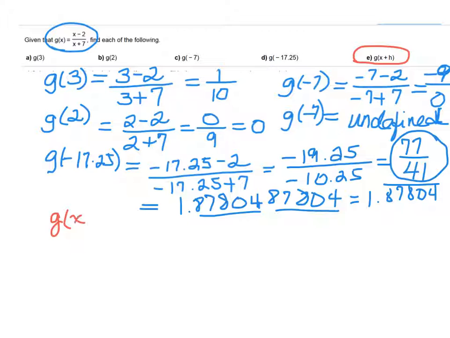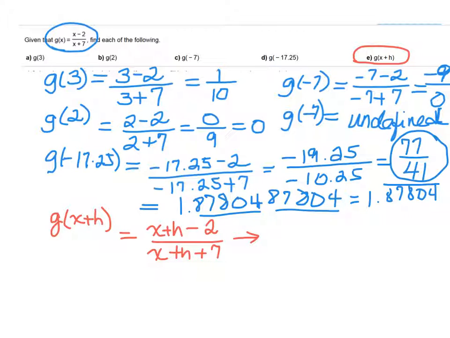G of x plus h actually is going to be x plus h in place of the x, so x plus h minus 2. And x in the denominator is going to be replaced with x plus h plus 7. And since we can't actually simplify that any further, then this is actually our answer.